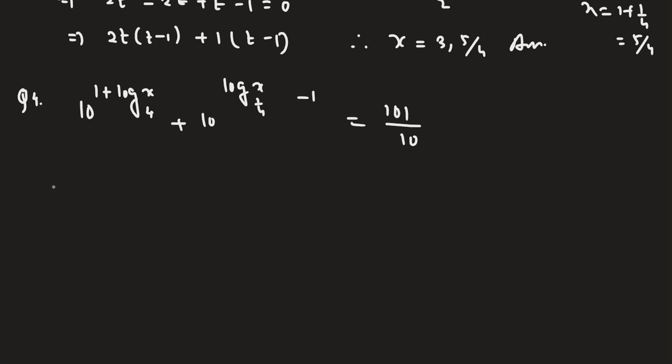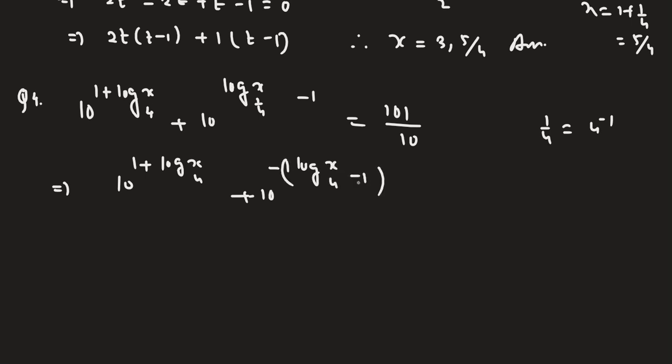Now this thing we can write as 10 to the power 1 plus log of x base 4, and here this 1 by 4 we can write as 4 to the power minus 1. So take minus 1 outside, so it will be log of x base 4 minus 1. If I take minus outside, it will be whole plus 101 by 10.